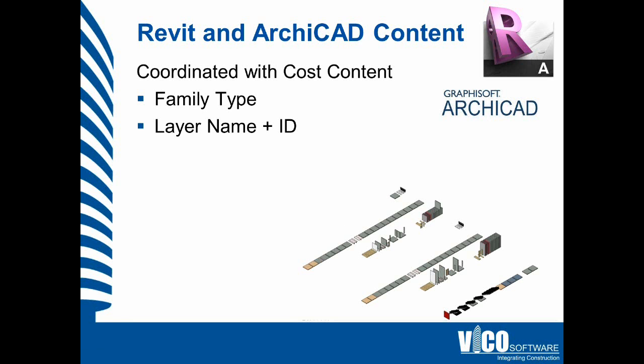So the takeoff item name was applied to the family type, which means that activating the content coming from here in Vico Office using the family type option will create the correct takeoff items. In case of ArchiCAD, we use a combination of layer name plus ID, and that results in exactly the same name. So regardless of whether you use the Revit alternative or the ArchiCAD alternative, it will properly link up with the cost information.